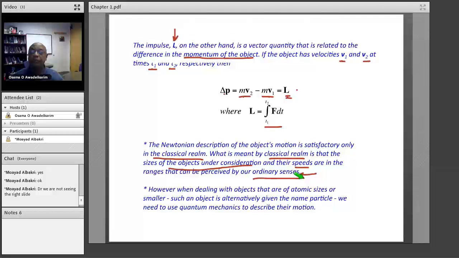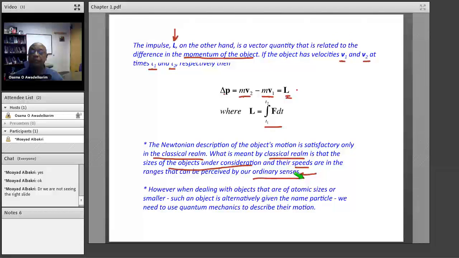So we have to come up with a new brand of mechanics that takes care of such small particles. At the same time, these small particles, like electrons, move with very high velocities, much higher than velocities of rockets or airplanes. So again, classical mechanics will not serve us well for these kinds of objects.